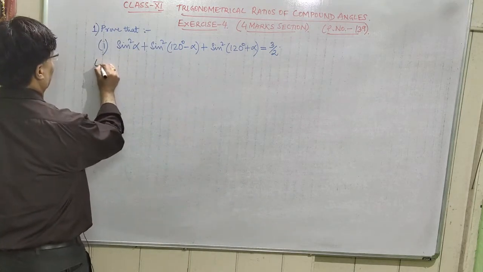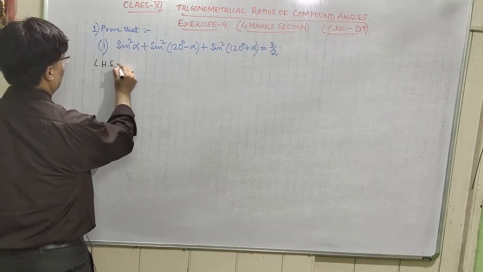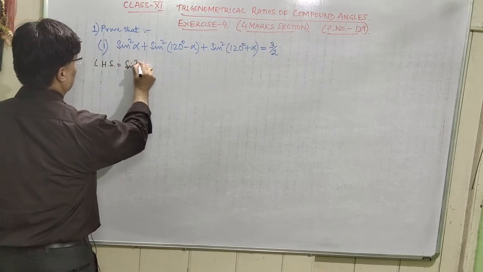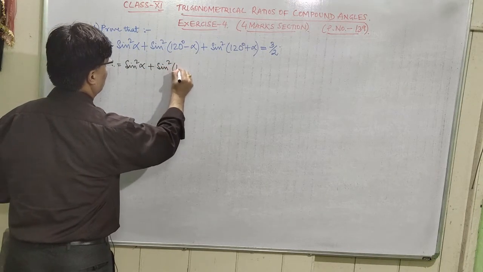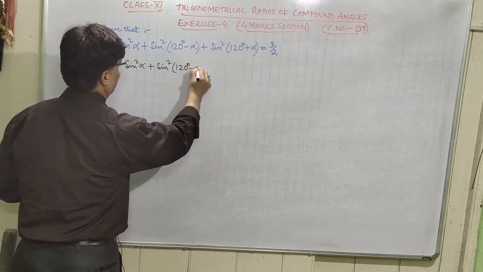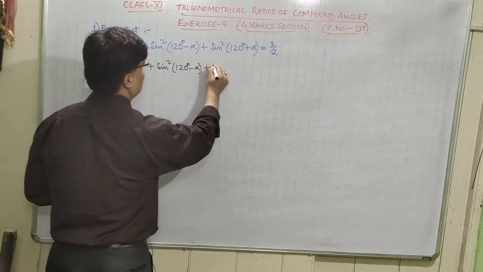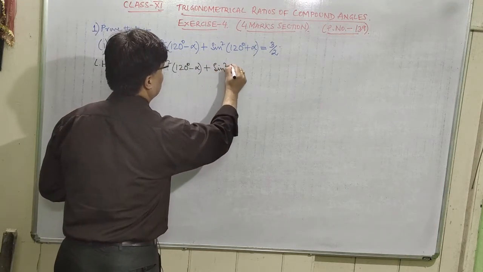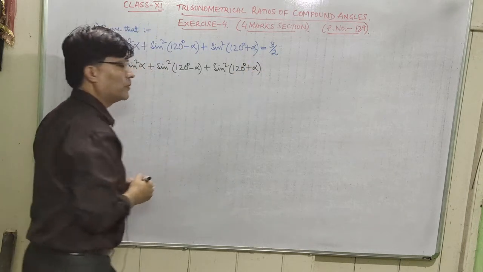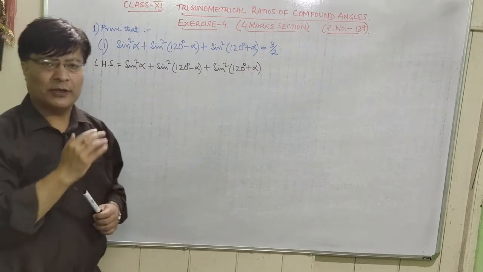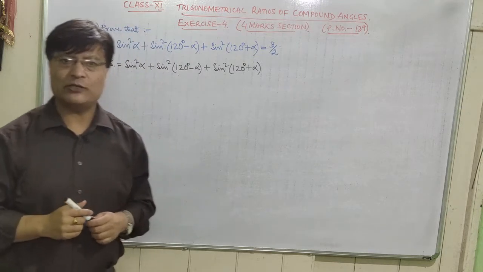So here let us write left hand side is equal to sine square alpha plus sine square (120 minus alpha) plus sine square (120 degree plus alpha). Okay. And you have to prove this left hand side is equal to 3 by 2.